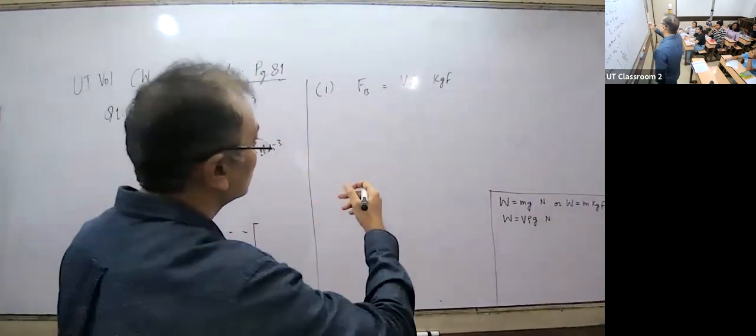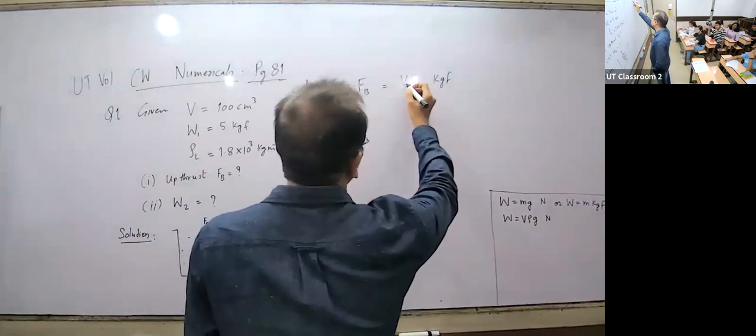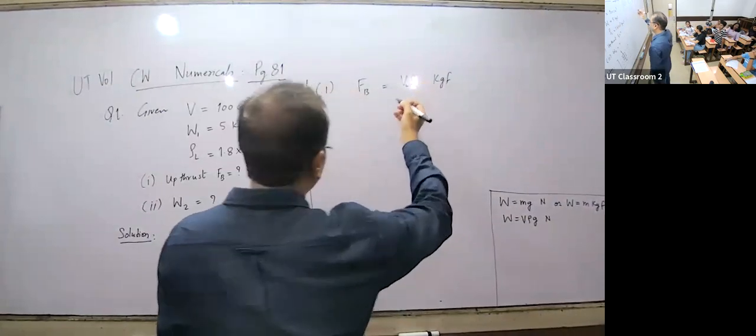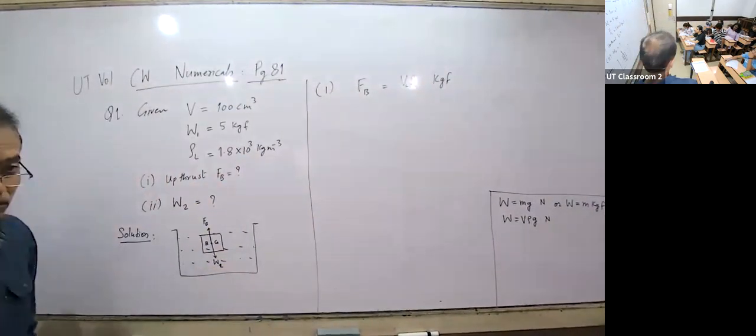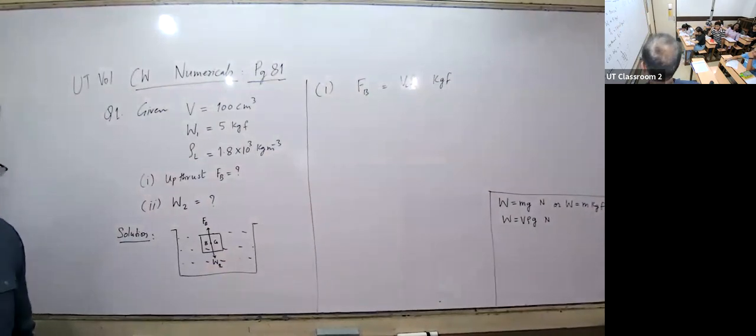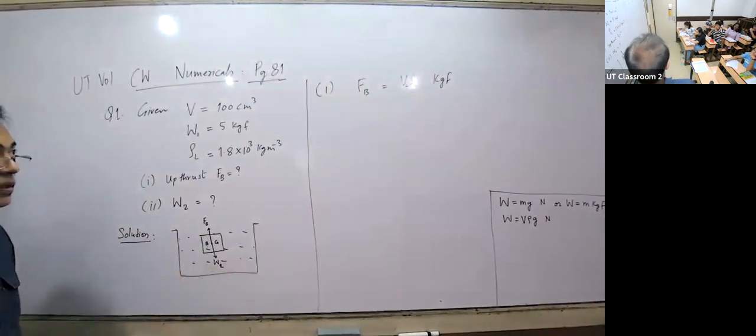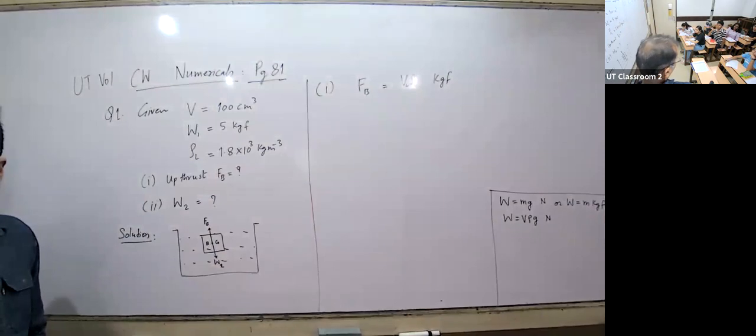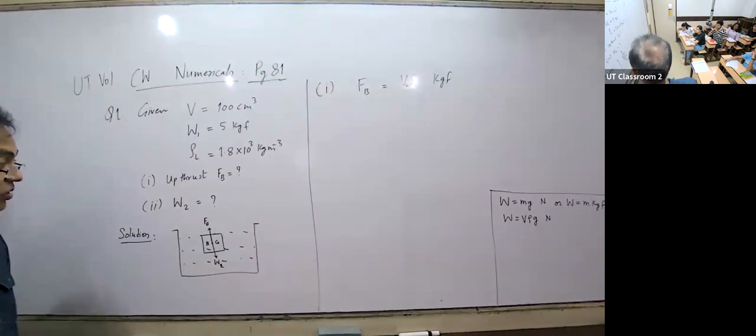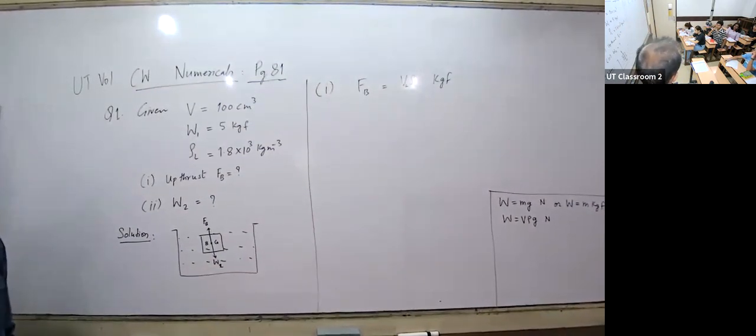So this is upthrust. What is the volume of liquid displaced? It is same as the volume of solid. How much is the volume of solid? How do you find out?